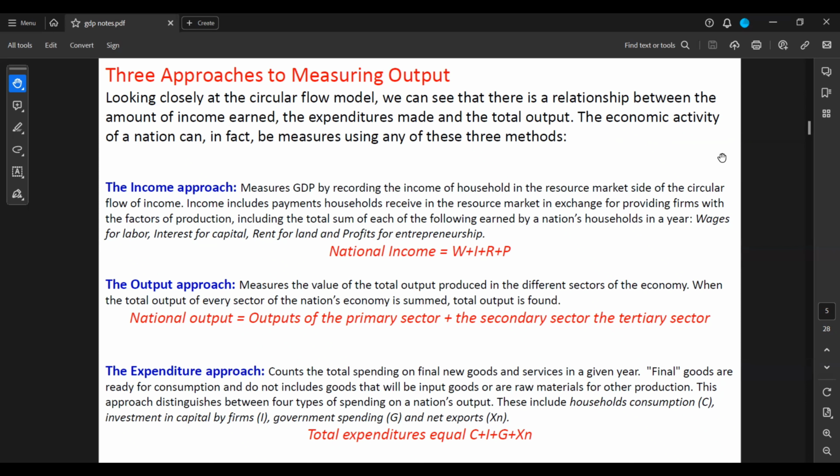These include households consumption, denoted by the letter C, investment in capital by firms, denoted by I, government spending, denoted by G, and net export, denoted by XN. And total expenditure is equal to C plus I plus G plus XN.